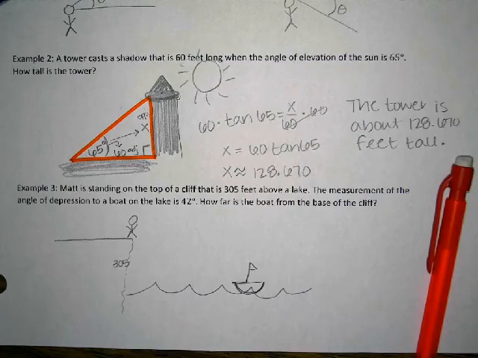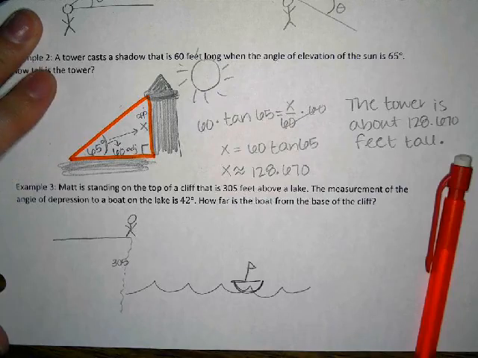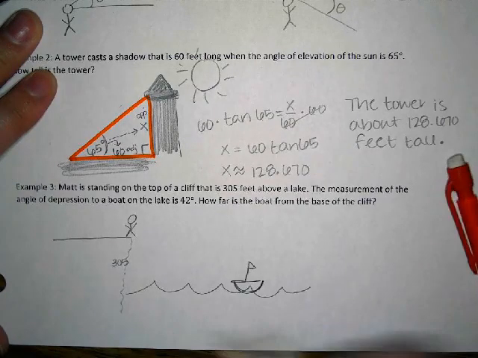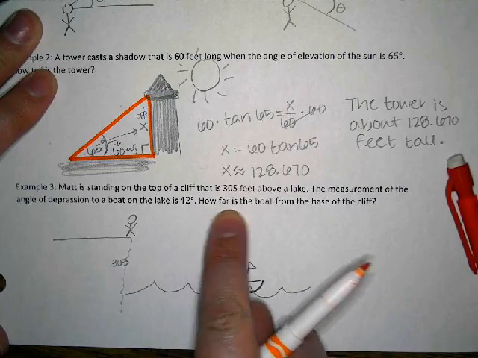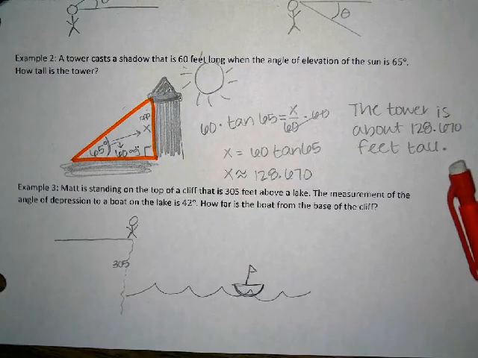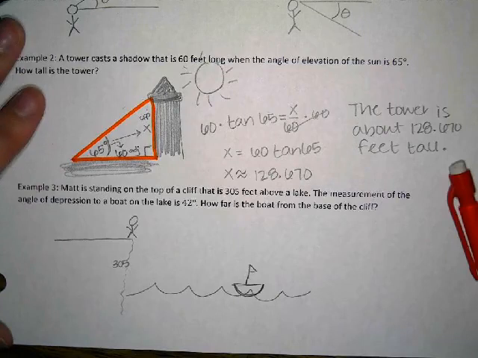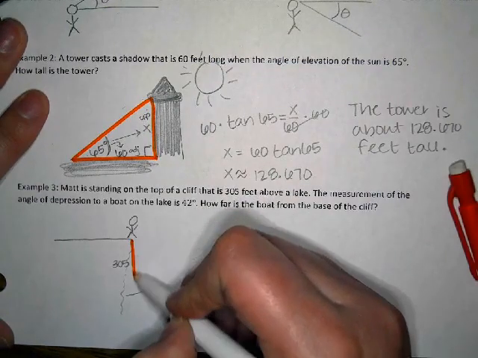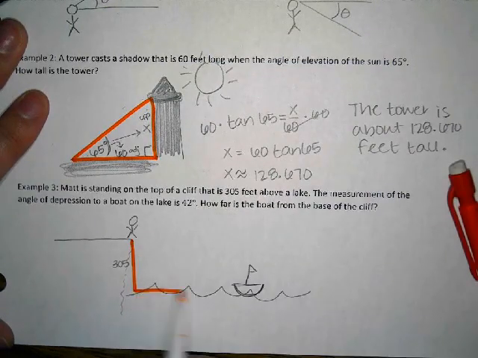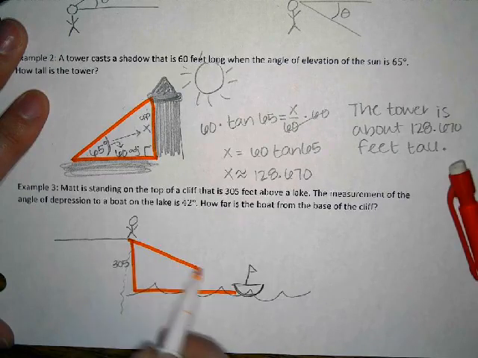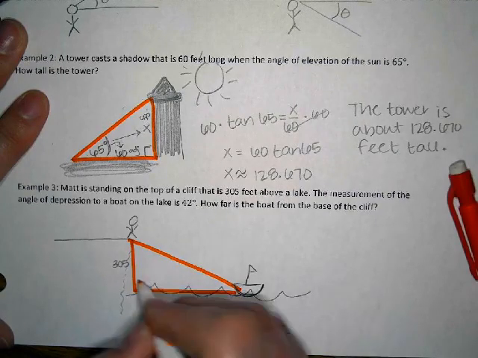Okay, so the measurement of the angle of depression to the boat. They want to know how far the boat is from the base of the cliff. So here is our triangle. Here's our 90-degree angle. We know that the cliff is 305 feet above the lake.